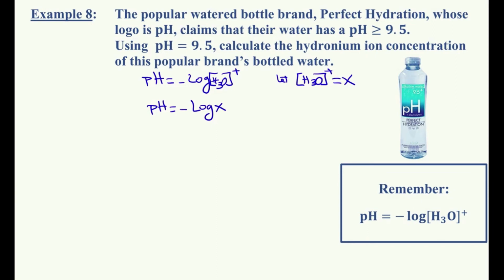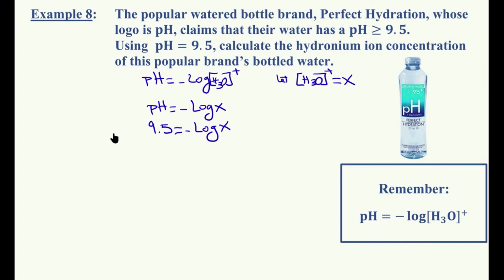All right, now notice that here we have the pH, it's 9.5. So we have 9.5 equals negative log of X. And if I get the log by itself, then we'll be able to go to exponential form. And of course, it's almost by itself. We need to get rid of this negative.